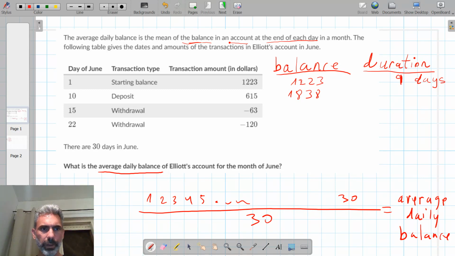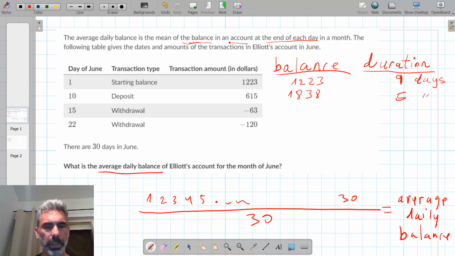Okay, so 5 days he had $1,838 in his account, and then on June 15 he made a withdrawal of $63.